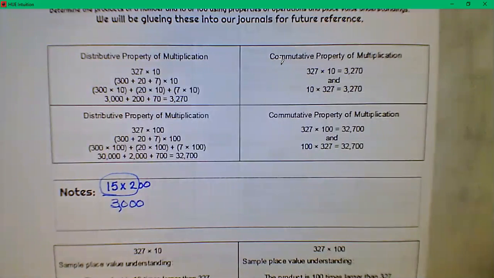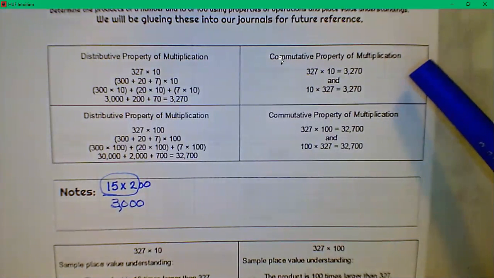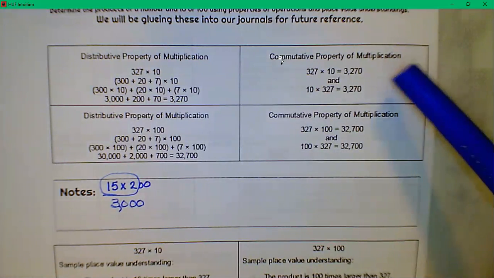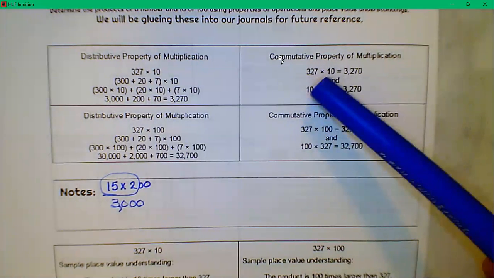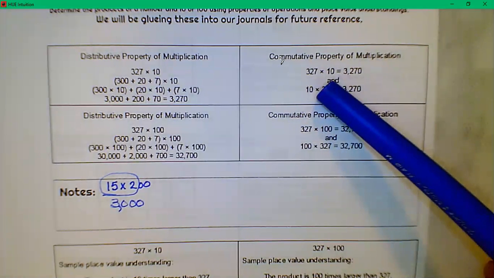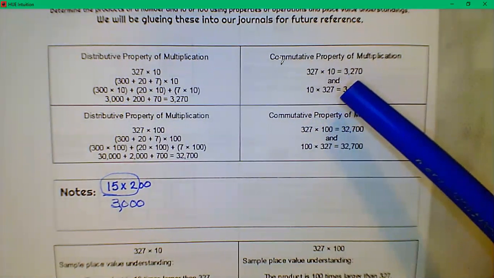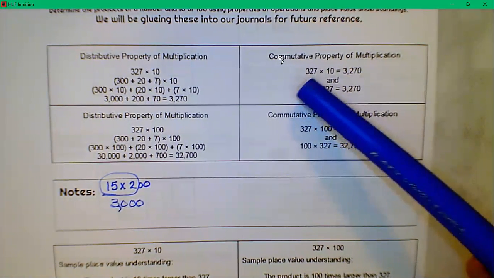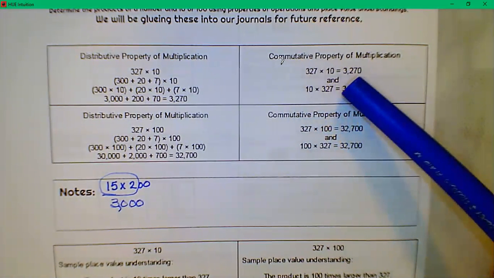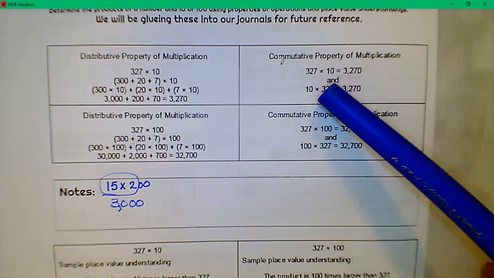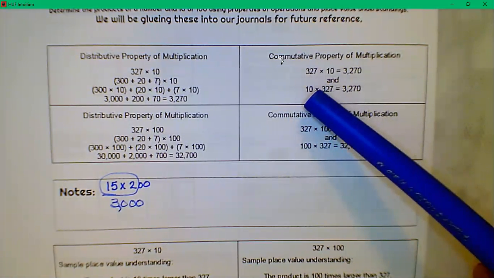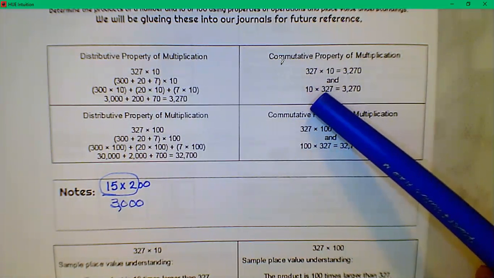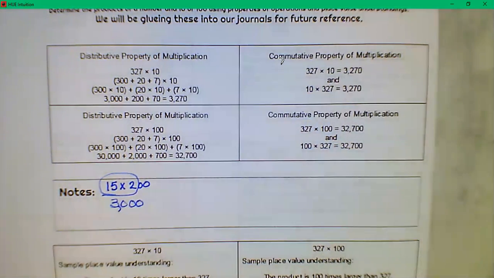The next property is your commutative property of multiplication. It doesn't matter which way the factors are organized. If you're multiplying factors, your product's going to be the same. So in the first example, we have 327 times 10 equals 3,270. Then the second example flips those two numbers around. 10 times 327. We still just took 327 and added 0 at the back of it.